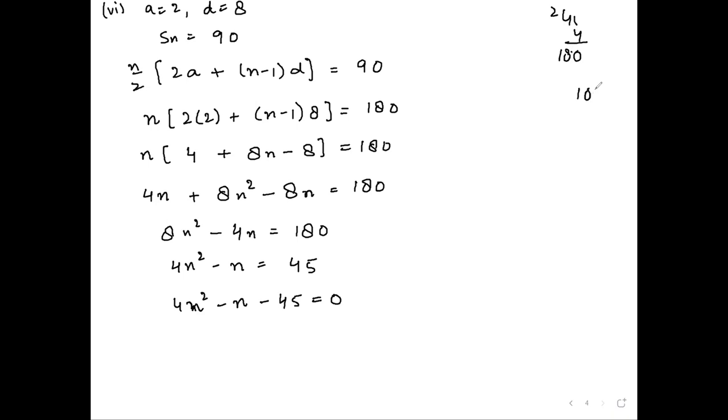So we were doing prime factorization of 180. So 2 into 90, then 2 into 45, then 3 into 15, then 3 into 5 and 5 into 1. So let's make combinations from here.